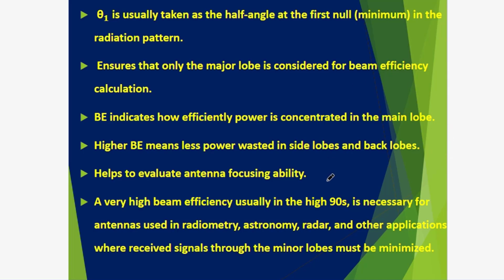It helps to evaluate the antenna's focusing ability. If all the power is concentrated in the main lobe, there is no wastage of power, and the focusing ability of the antenna is very high.